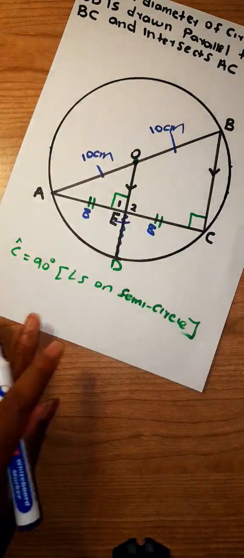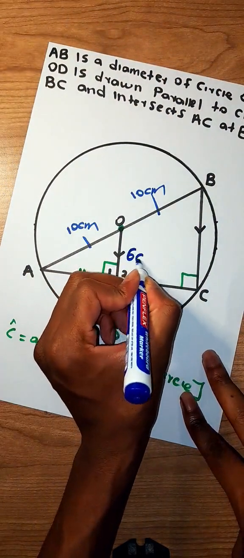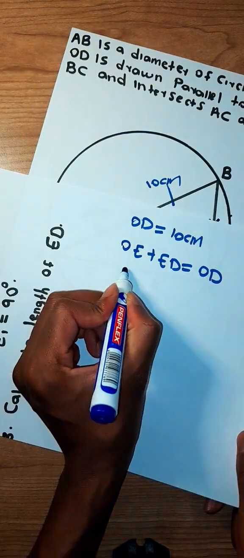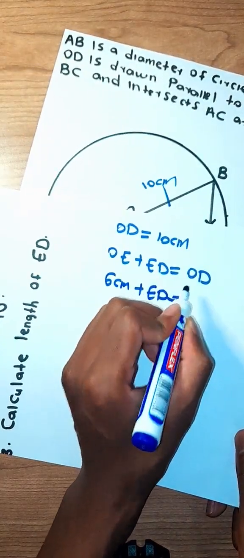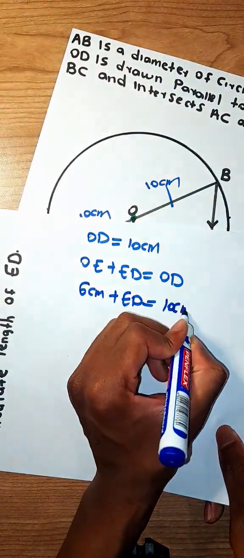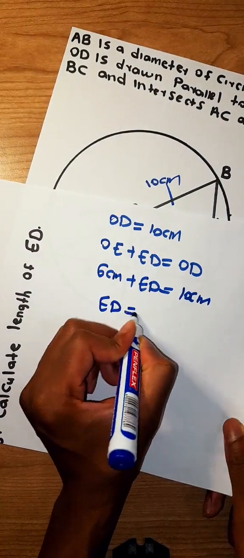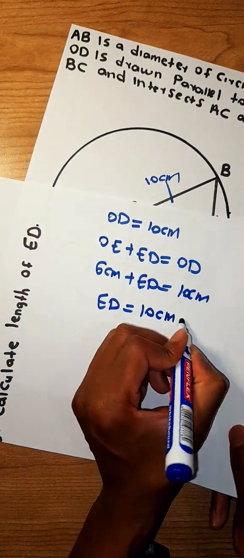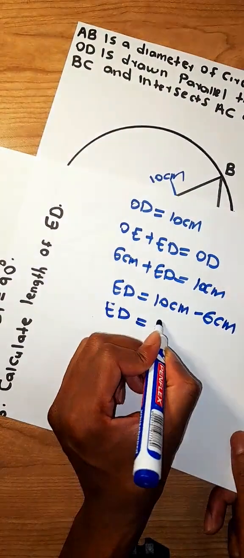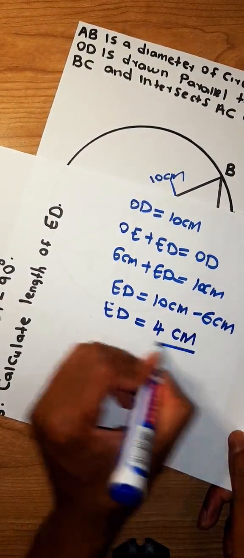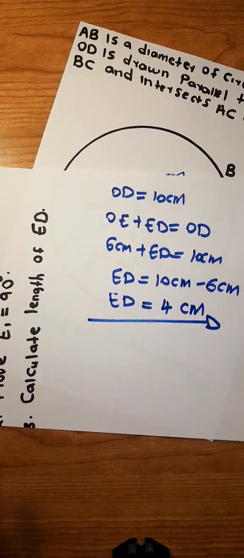Look at this: OE is 6 centimeters plus ED, and OD is 10 centimeters. It means that ED is going to be 10 centimeters minus 6 centimeters, and ED is simply 4 centimeters. So that is your final answer. That's how you find that length. With that being said, guys, enjoy the rest of your day.